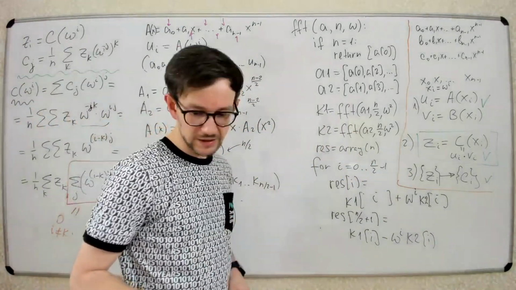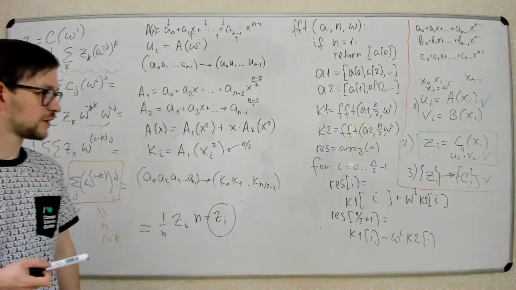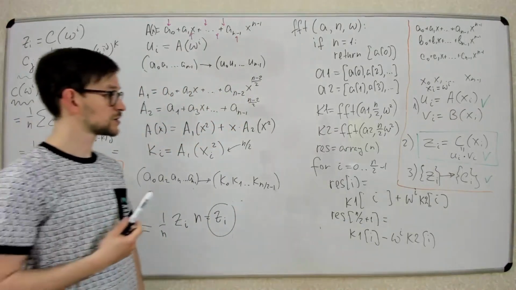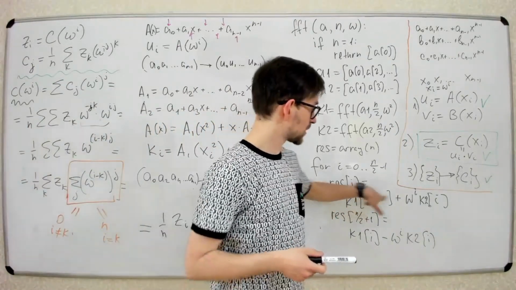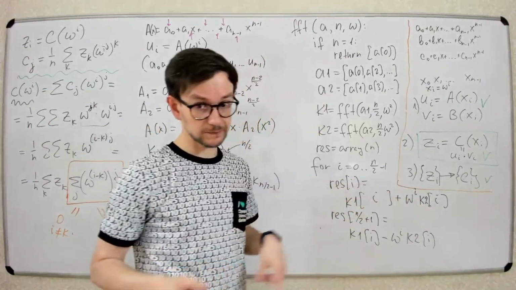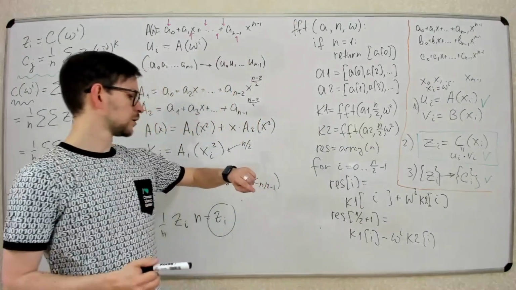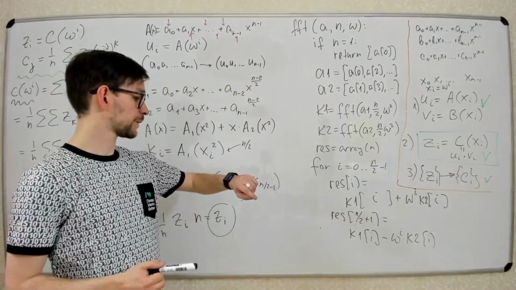Just the same thing, a little bit less ugly. It's called butterfly transformation. It's very easy: you basically take these two numbers and calculate these two numbers.